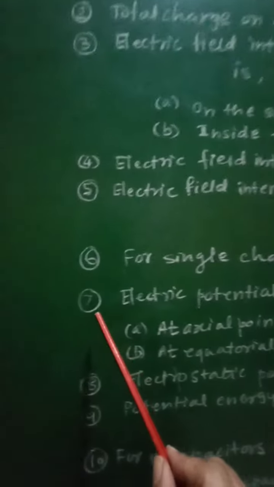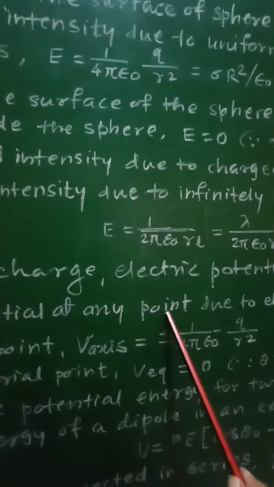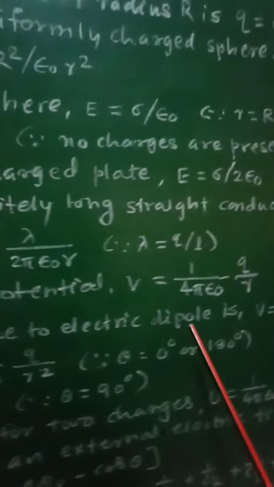Then seventh formula is for electric potential at any point due to electric dipole.